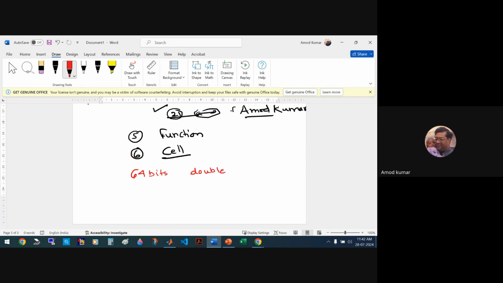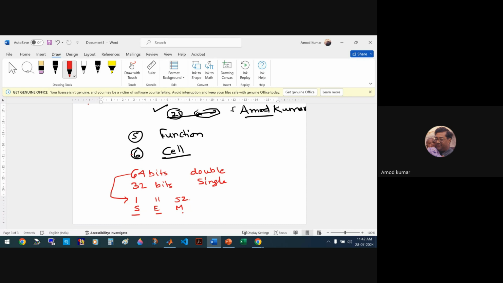For a single precision number, it keeps 32 bits in the memory. So for this 64-bit representation: sign bit, 11 bits for the exponent and 52 bits for the mantissa. Total 64.